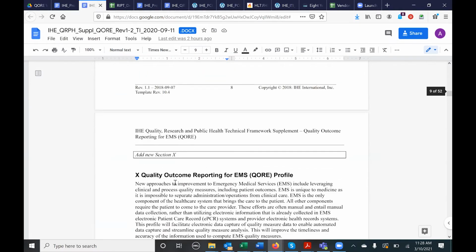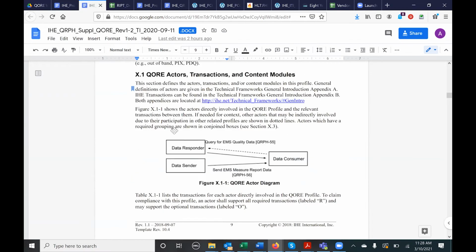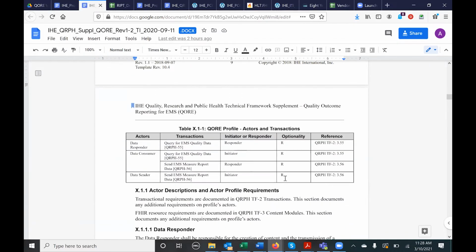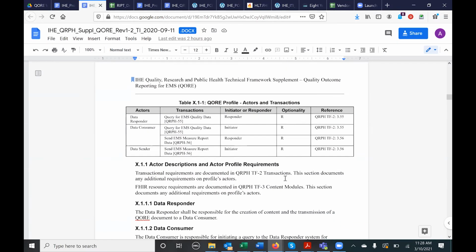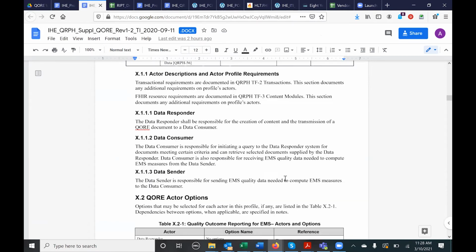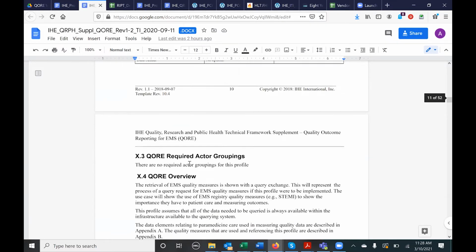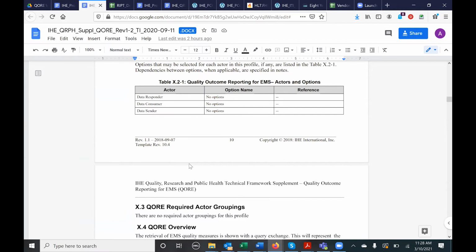So this is the kind of workflow we have going over here. We have, like I said, the two transactions, and we have responder, sender, and consumer. We made it as dynamic as possible for a variety of use cases. We have our actors and actor descriptions, and we don't have any options.